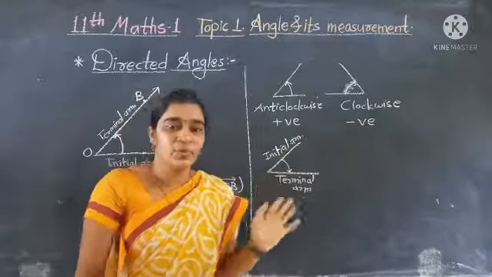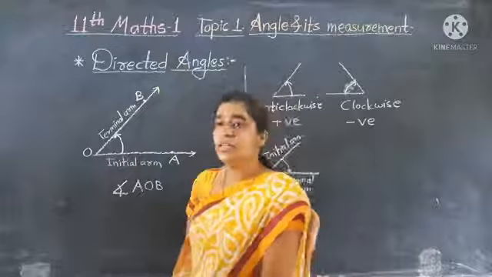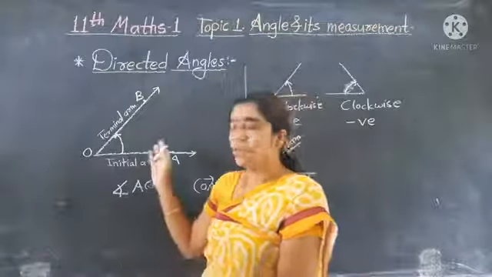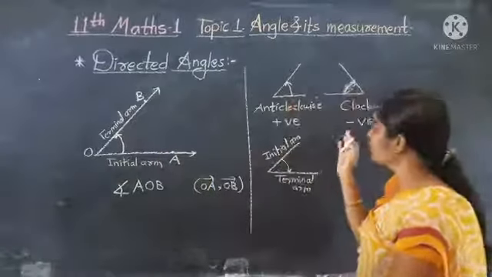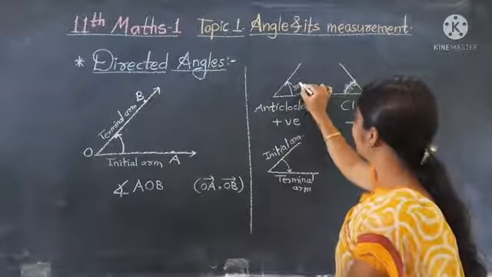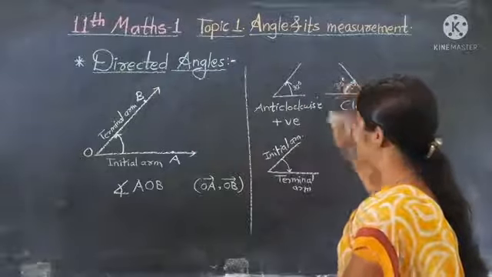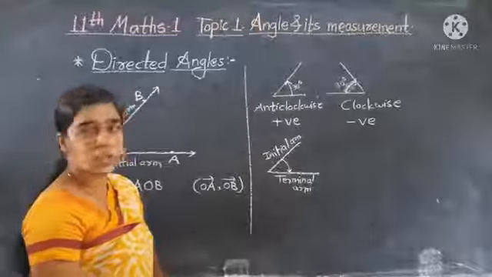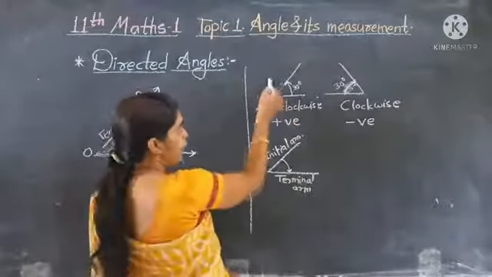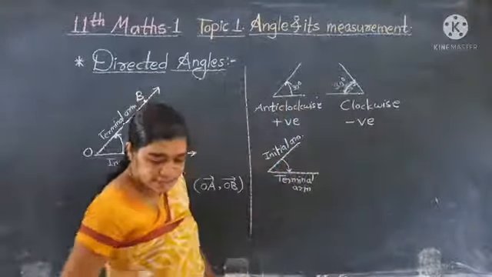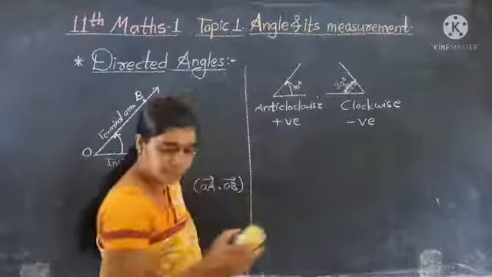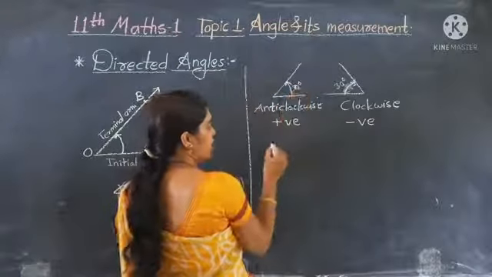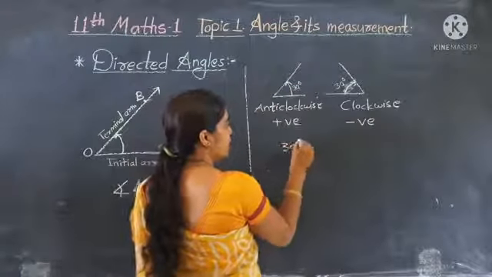Do you understand all this? Okay. Let's see the next point on page number 2. Here you observe, students, suppose this is 30 degree and this is also 30 degree. One more concept I will clear here. Both are angles of 30 degree, but this one is in anti-clockwise direction, so we take this as positive, 30 degree.